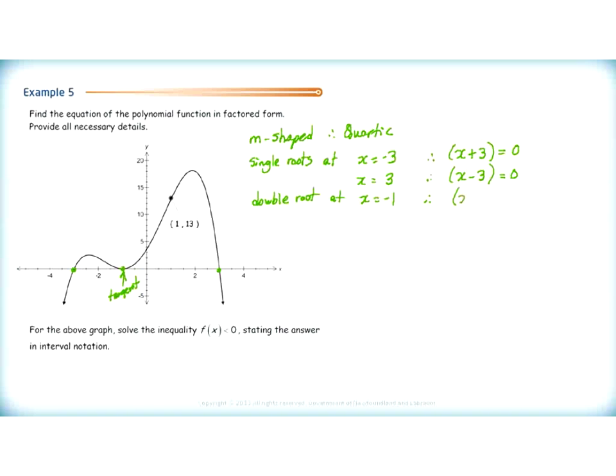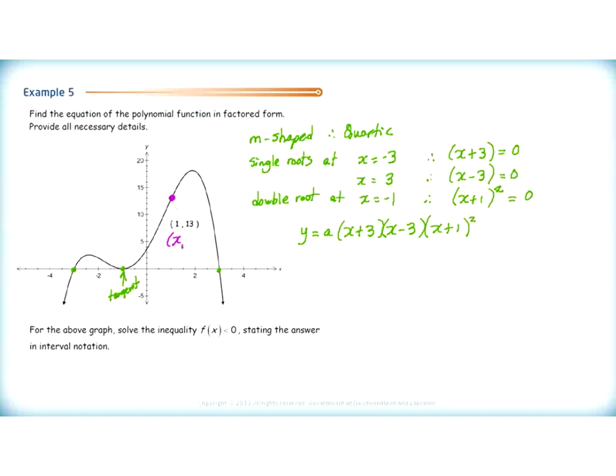Therefore, x plus 1 will be raised to the power of 2 because it has a multiplicity of 2. So far, we have y equals a multiplied by (x + 3) multiplied by (x - 3) multiplied by (x + 1) all squared.